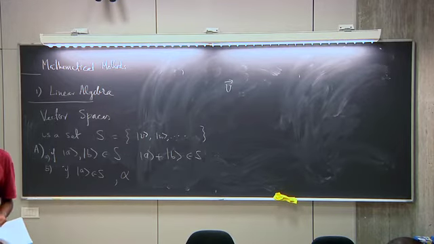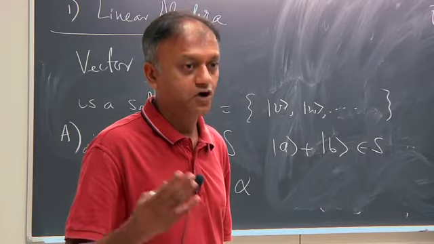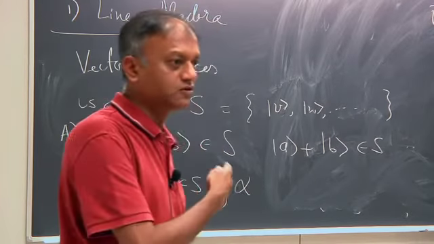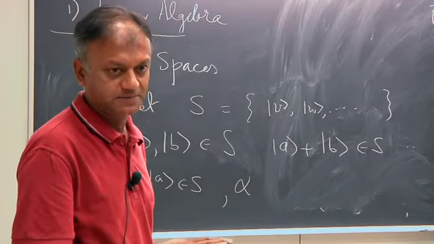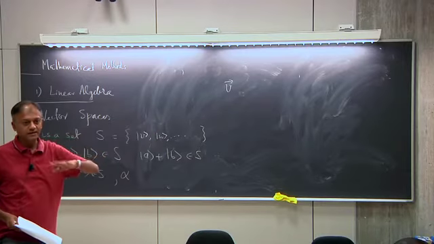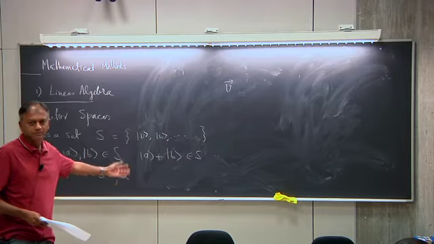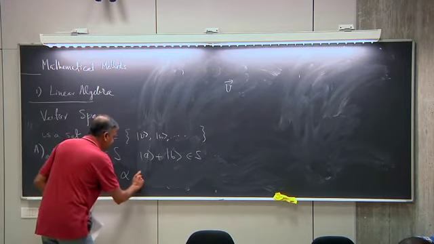The reason again is in quantum mechanics, the states of the Hilbert space or the wave functions will be complex. It will be a complex vector space. But if you just specialize it to the real numbers, it becomes a real vector space. In the example I described before, it was real numbers, so there was a real vector space. But I will be more general than that. So I will allow this alpha is a complex number.